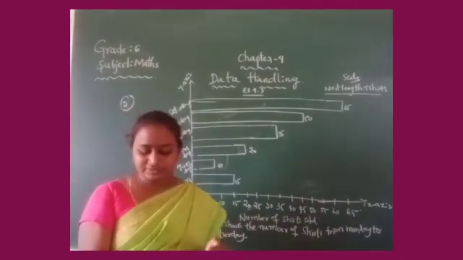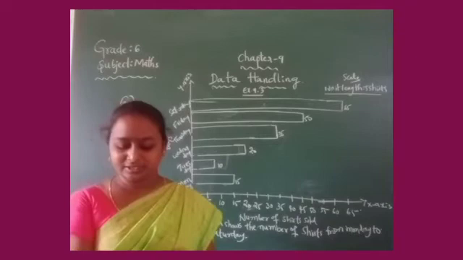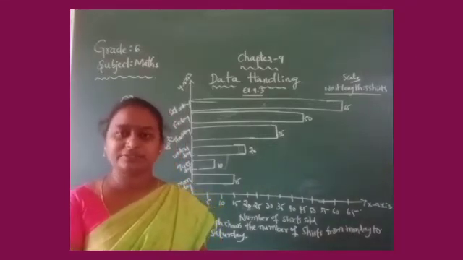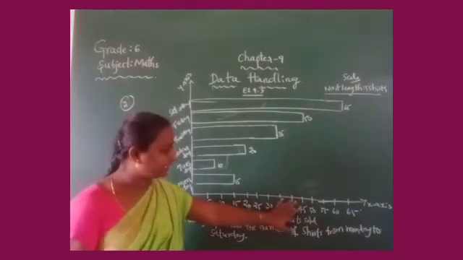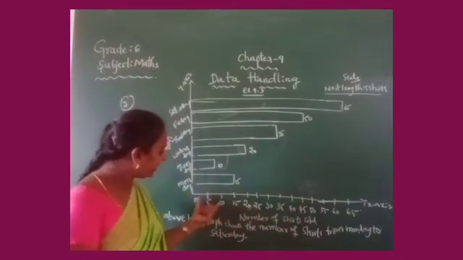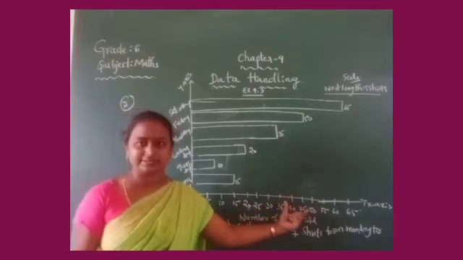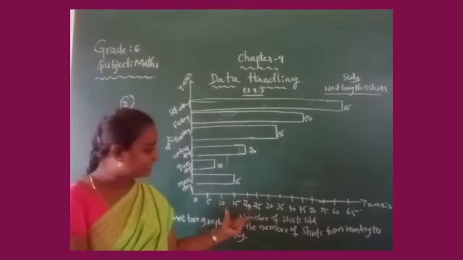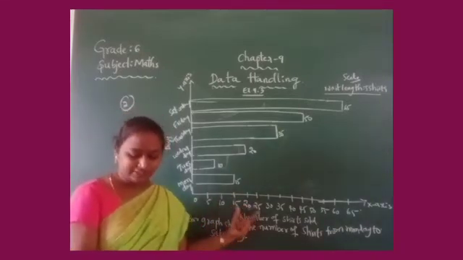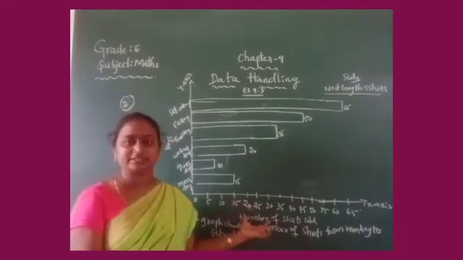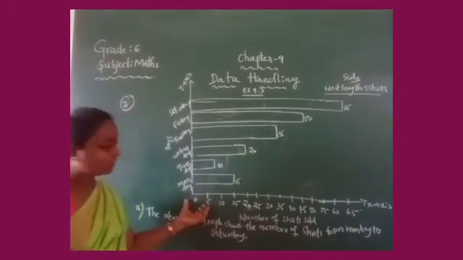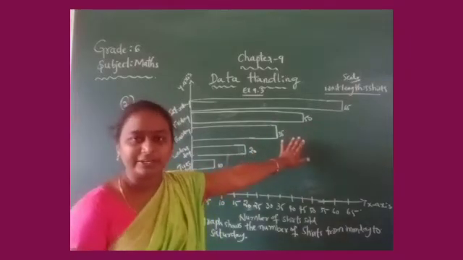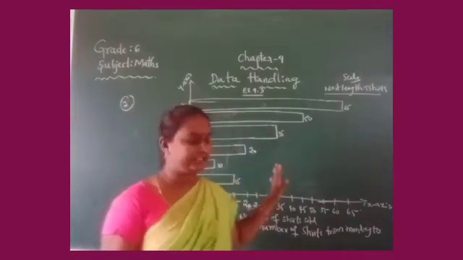Next one: what is the scale chosen on the horizontal line representing the number of shirts? On the horizontal line means the x-axis. What is the scale chosen? Here we have to write the scale. Very good. 1 unit length is equal to 5 shirts.